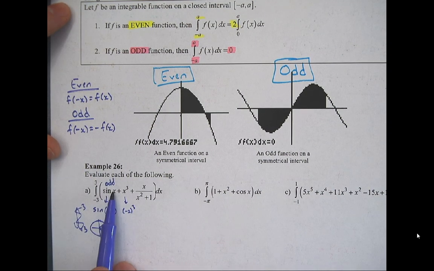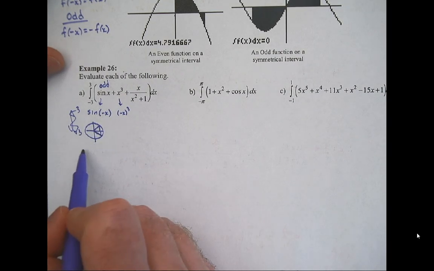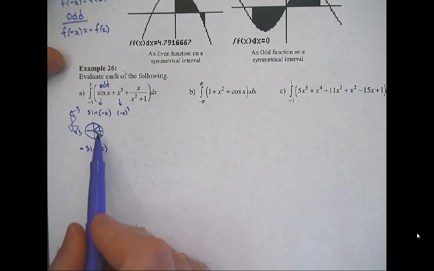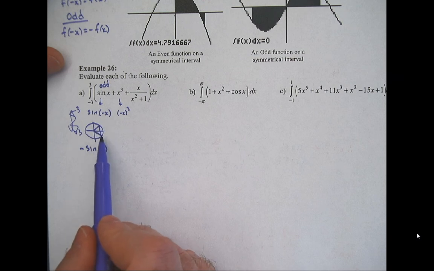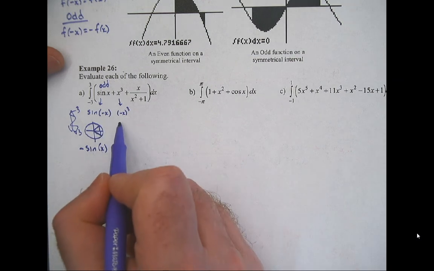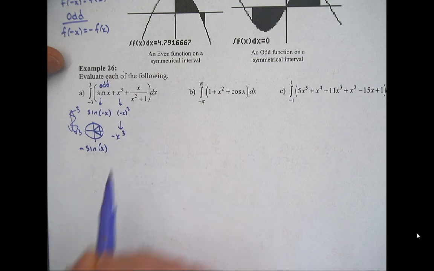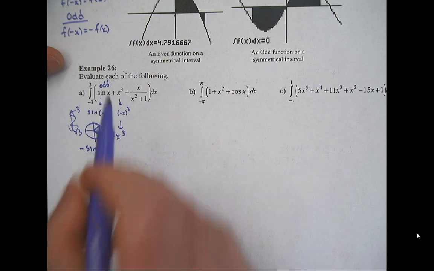So when I put a negative x into sine of x, I got out an answer that was the exact opposite of the original value. So sine of 45 is exactly the opposite of sine of negative 45. Negative x cubed is negative x to the third. So the function stayed the same except for the sign.